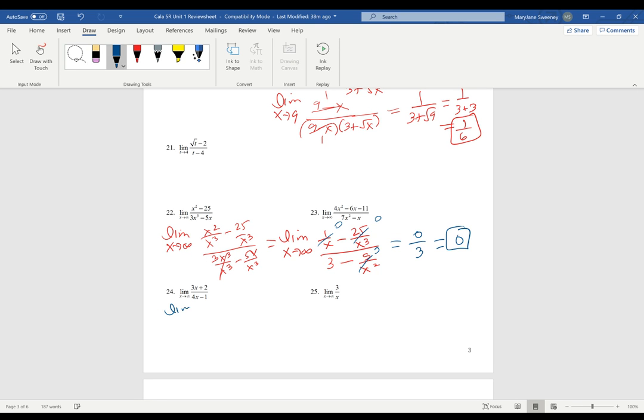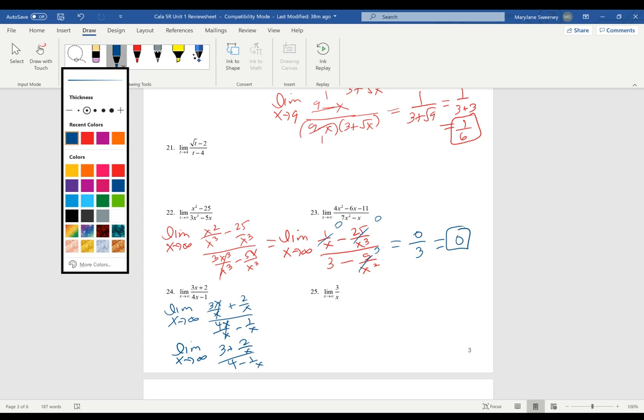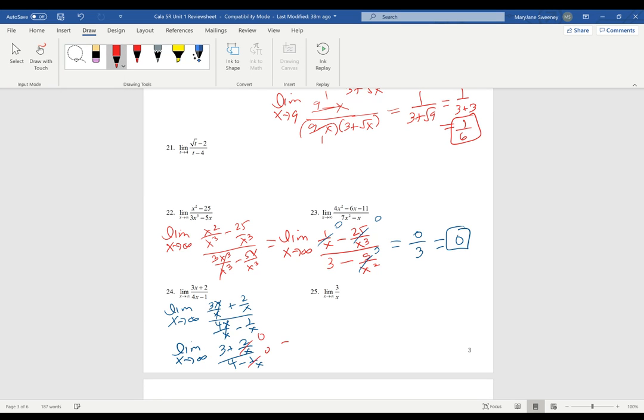24, limit as x approaches infinity, divide everything by x. So that's the limit as x approaches infinity of 3 plus 2 over x, 4 minus 1 over x. Constant over a really big number goes off to 0, so we have 3 over 4.